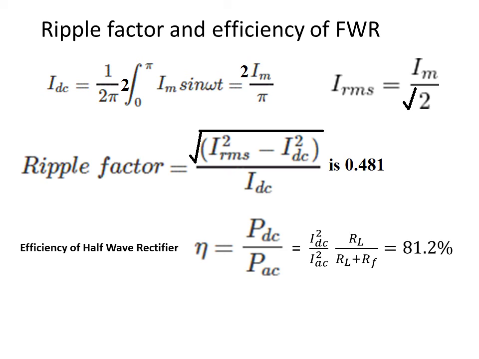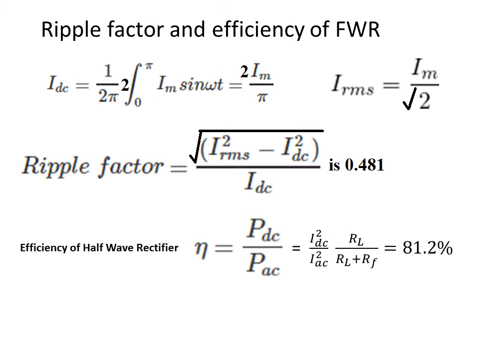And by definition, IRMS for a full wave rectifier is Im divided by root 2. So you use these two values, IDC equal to 2 Im by pi and IRMS equal to Im by root 2, in the equations. The ripple factor equation is the same, and if you evaluate, you will get it to be 0.481.